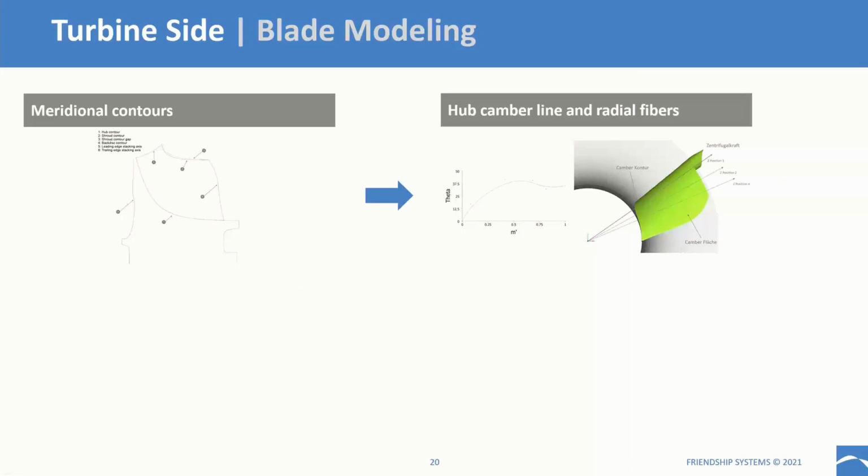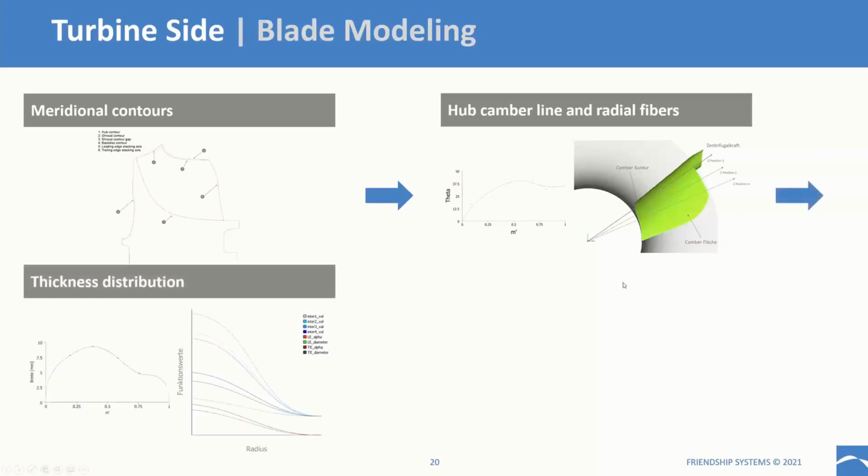So theta is the wrap angle, and we describe how the wrap angle is distributed, and this gives us our camber line on the hub. And then, as I explained before, starting from the axis of rotation, we extend the radial fibers through this hub camber line and generate the camber surface.